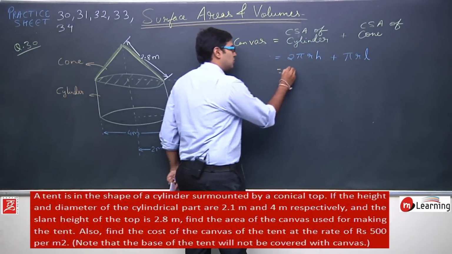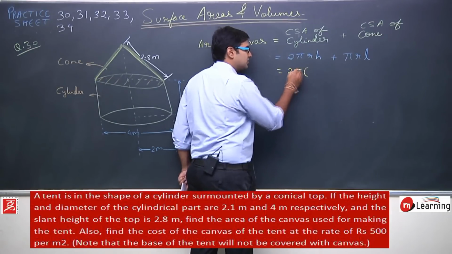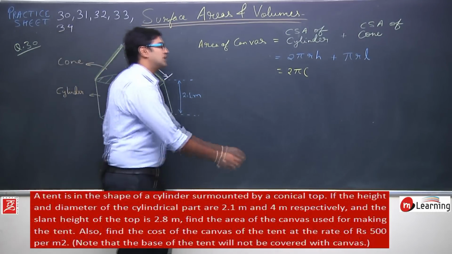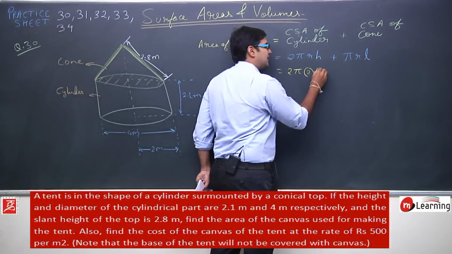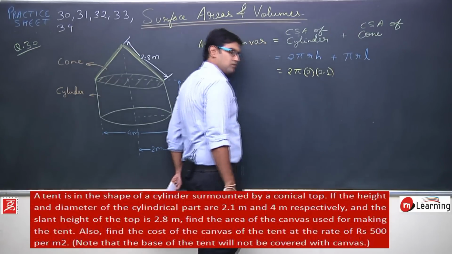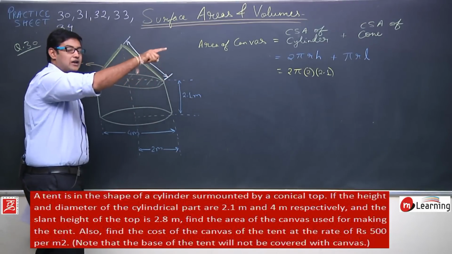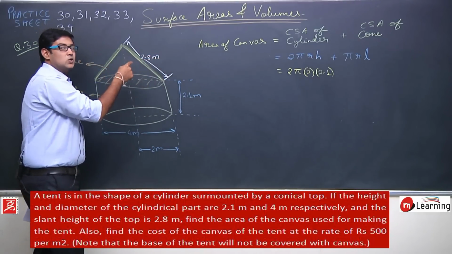It will be equal to 2 times pi. Now radius of this cylinder, I can see diameter is 4, radius is 2. So the radius is 2 into height is 2.1. It is given, okay, this height 2.1. Now plus pi into r, curve surface area of this cone.